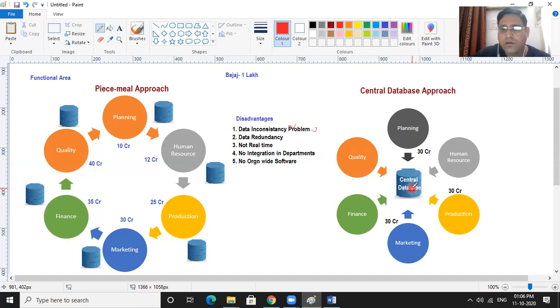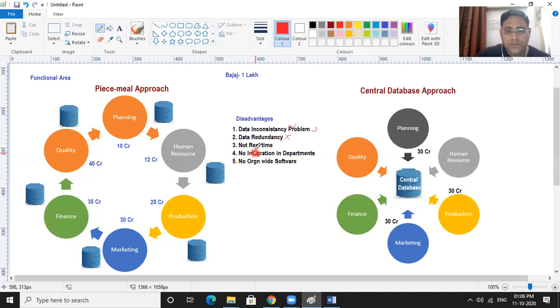So we don't need to have multiple copies of that data, because the same data is there in the central database, and any department can access that data anytime. So the data redundancy problem is also removed with the central database approach.